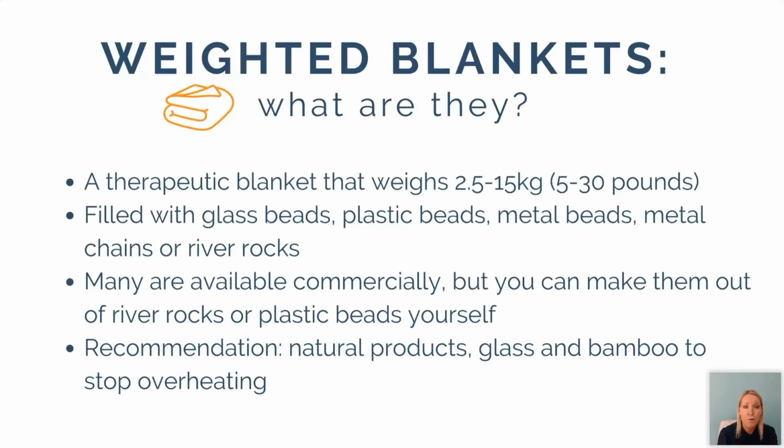They're filled with glass beads, plastic beads, metal beads or metal chains, or even river rocks. Many are available commercially, but you can make them out of river rocks or plastic beads yourself if you're on a budget. My recommendation is to use natural products, so glass beads and bamboo material, because these are very helpful for temperature control and to stop you overheating.